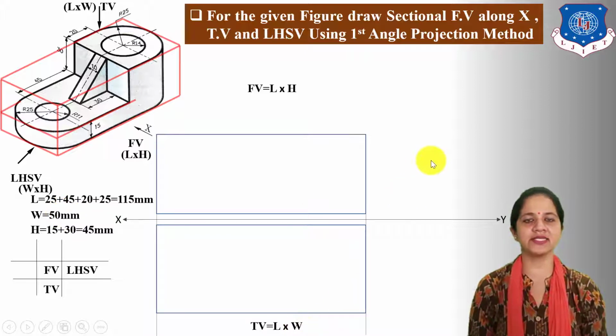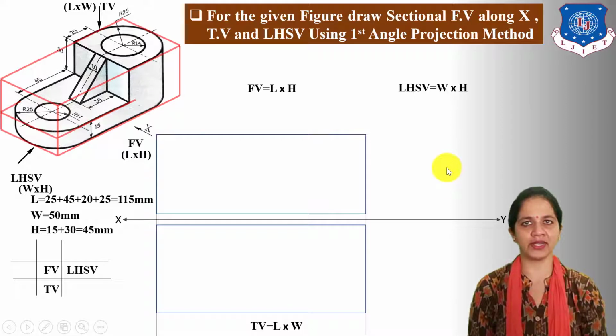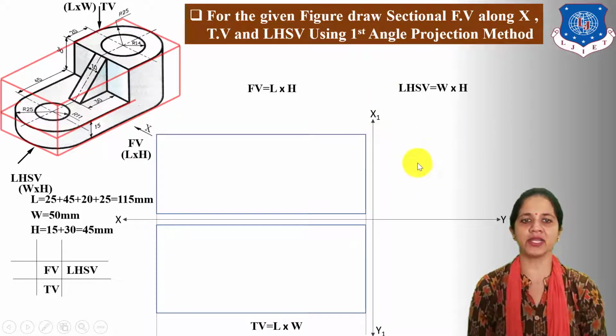Next draw the left hand side view box on the right side of the front view. Now the front view and left hand side view are separated by the x1 y1 axis. Height is common in the front view and left hand side view box, and width is common in the top view and left hand side view box. So take the height projection from the front view.